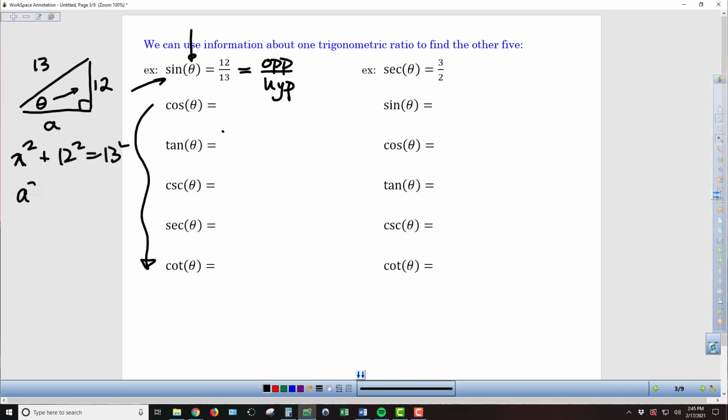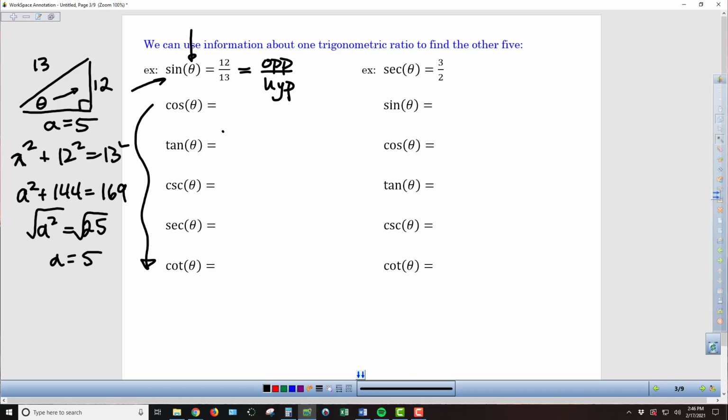So that means we have A squared plus 144 equals 13 squared, which is 169. If we then subtract 144 from both sides, we get 25. And so then if we take the square root of both sides, we get that adjacent side equals 5. A equals 5.